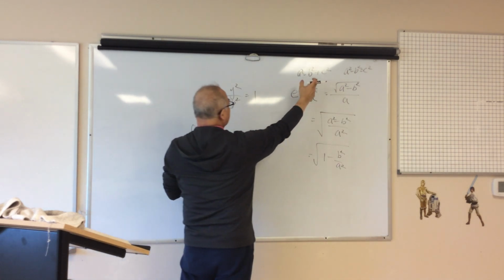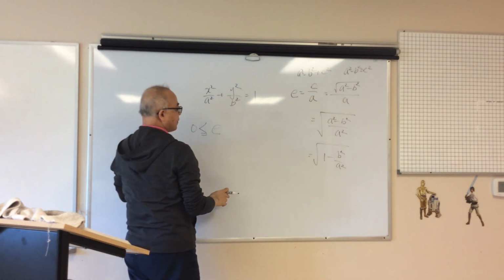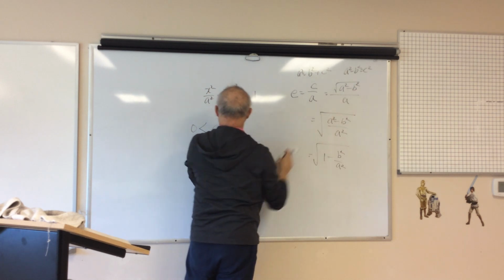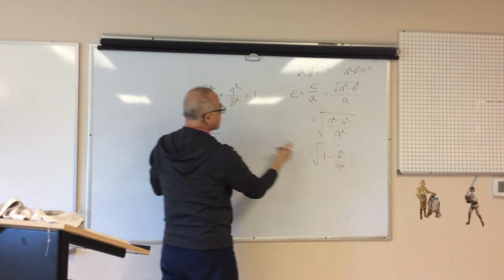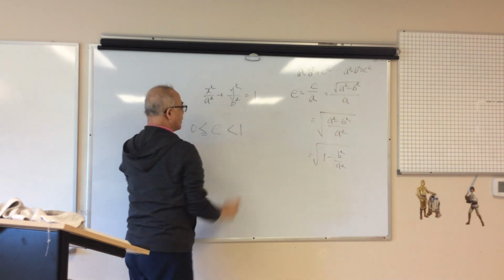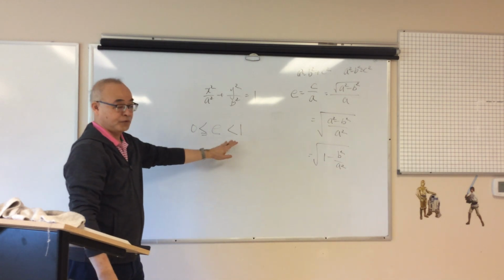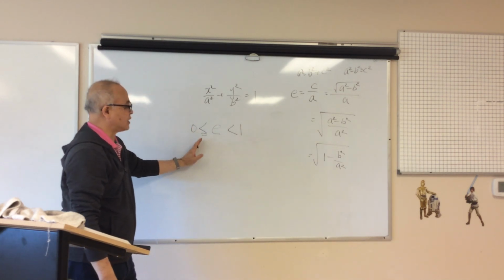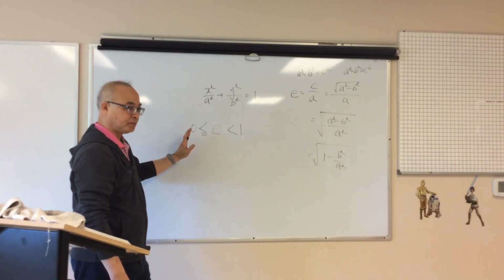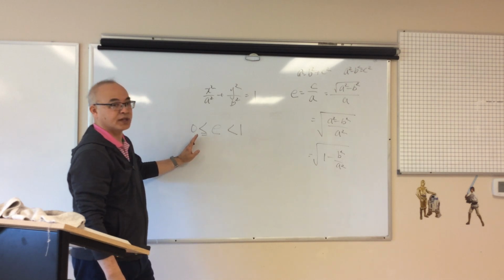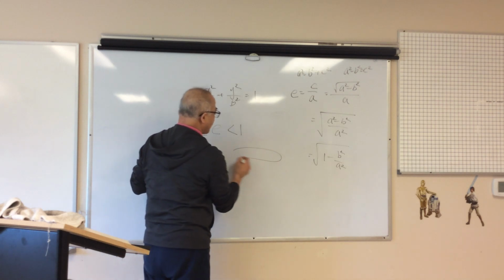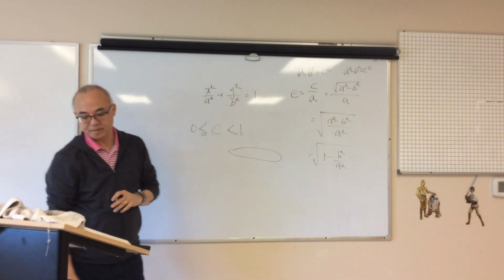If c became really large, that means that b is getting closer to 0, so this gets closer to 0, which means that e would try to get close to 1. As you can see, the eccentricity is a number between 0 and 1. The closer to 0, the more it looks like a circle. If you're closer to 1, you're closer to looking like a pancake.